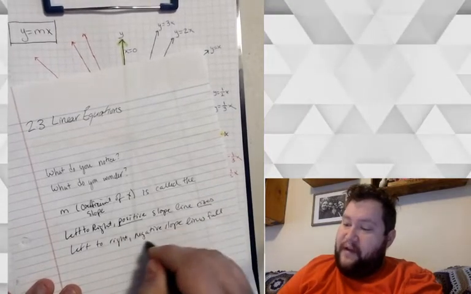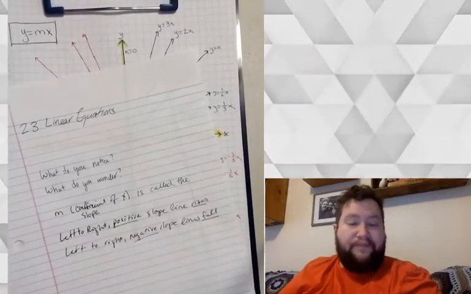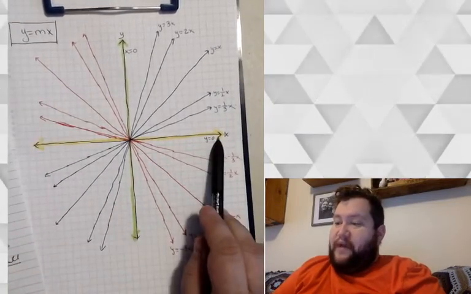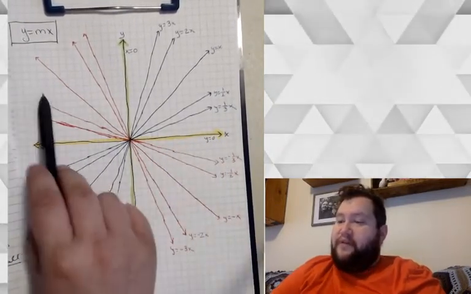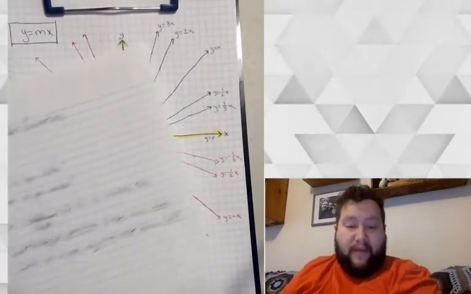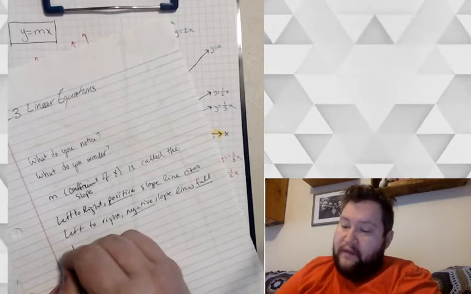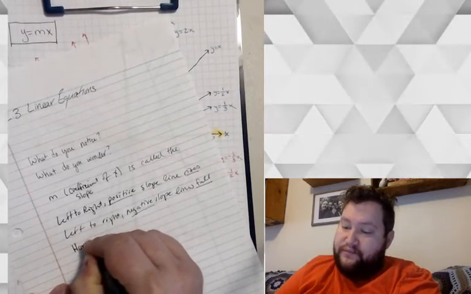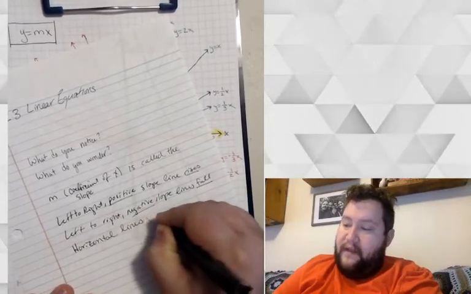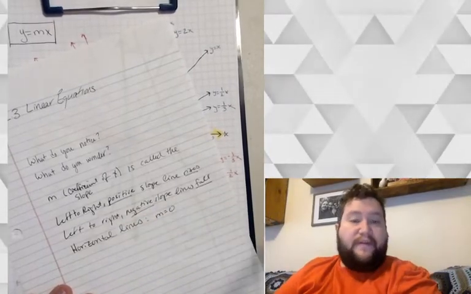So positive rise, negative fall. Our horizontal lines, for example, y equals 0, and we could draw another one at say y equals 6, move left to right. And so horizontal lines have slope equal to 0.